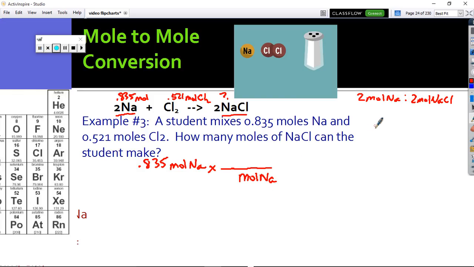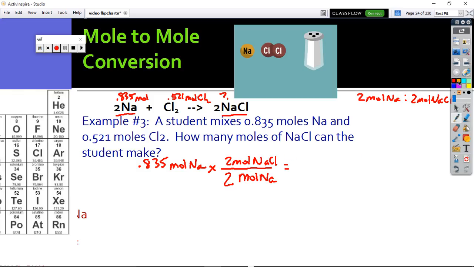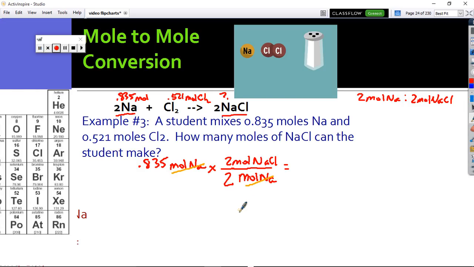The answer would be 2, so 2. And the rest of the conversion factor, the 2 moles of NaCl, goes on the top. I'm going to cancel out the units that I can. So moles of Na is exactly the same on the top and the bottom. That's canceled. And then 0.835 times 2 divided by 2 gets me 0.835 moles NaCl.